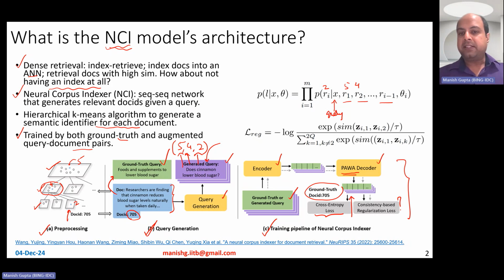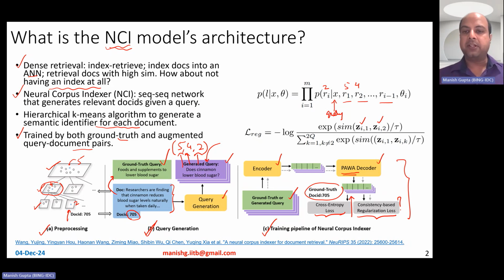Now, to ensure that there is no overfitting in this encoder-decoder framework, besides the cross entropy loss, they also bring in something called the consistency-based regularization loss. What they try to do is take the same query and pass it through the model with different dropout configurations, which means that the model will generate two different output logits.